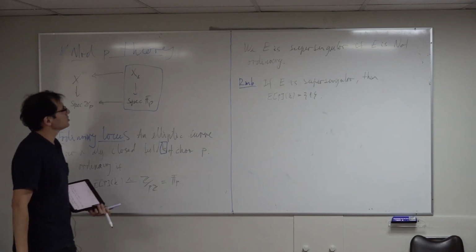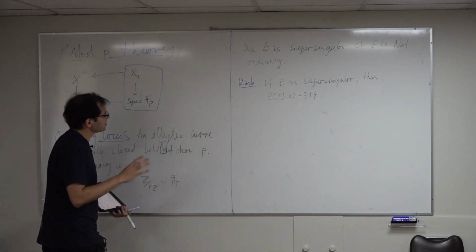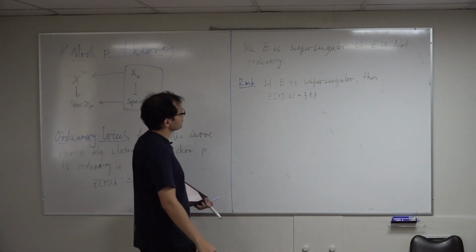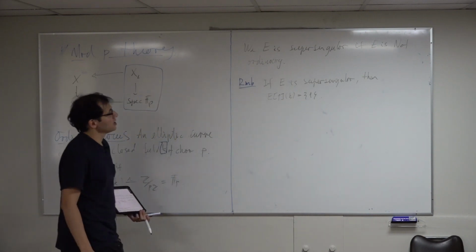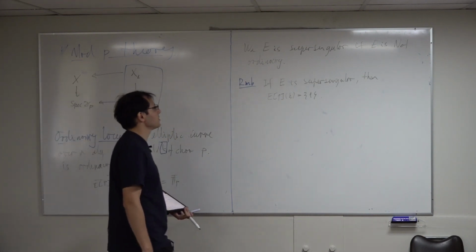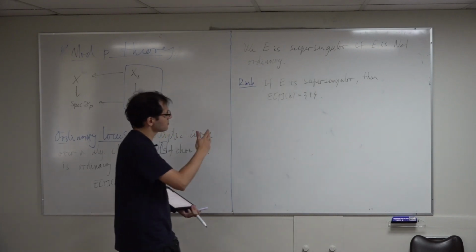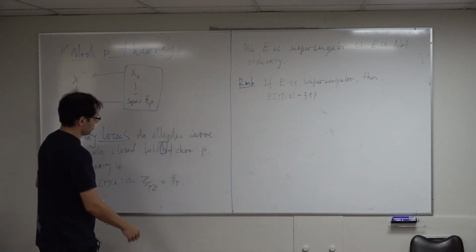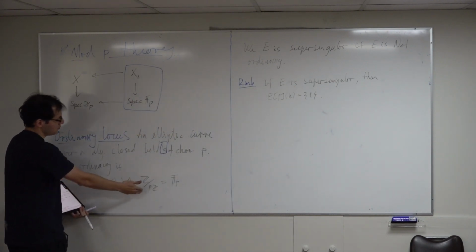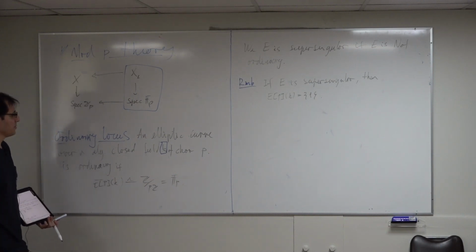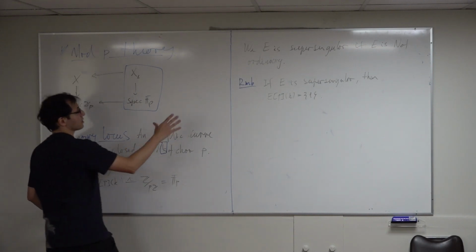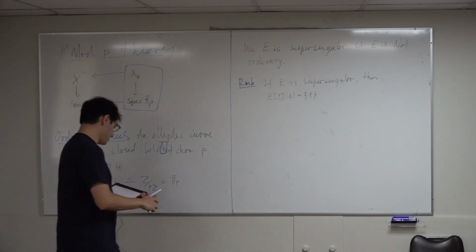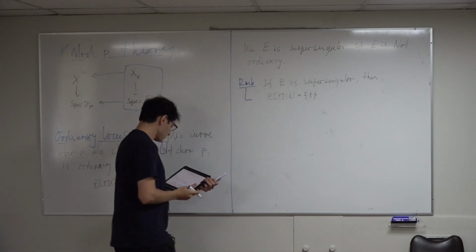This is something that works only in characteristic p, because multiplication by p on the elliptic curve is a map of degree p squared. In theory the p-torsion could have cardinality p squared, but in characteristic p the only possibilities are p or trivial. Okay, but these are some general remarks.